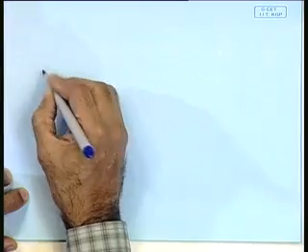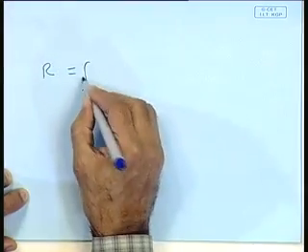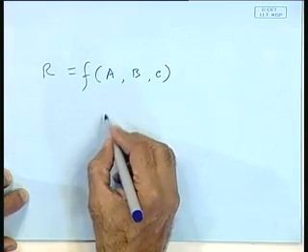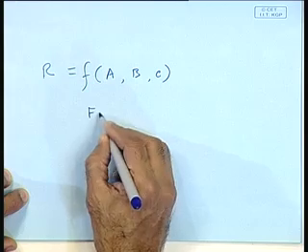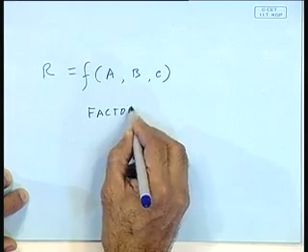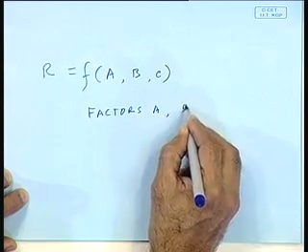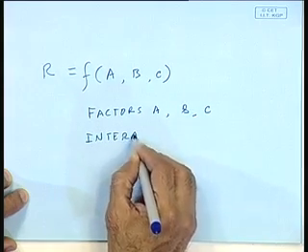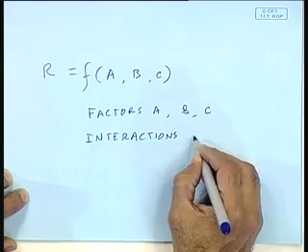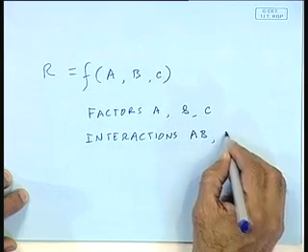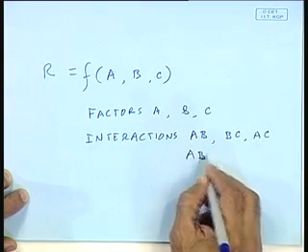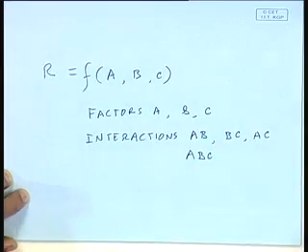For example, if I look at this curve here, I look at response as a function of A, B, and C. This could be the effect of factors A, B, so I could just have factor effects A, B, and C. I could also have interactions: AB interaction, or BC interaction, or AC interaction, and also perhaps a third order interaction ABC. These are the ones that make life complicated.